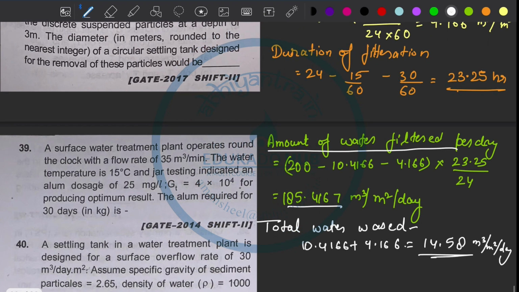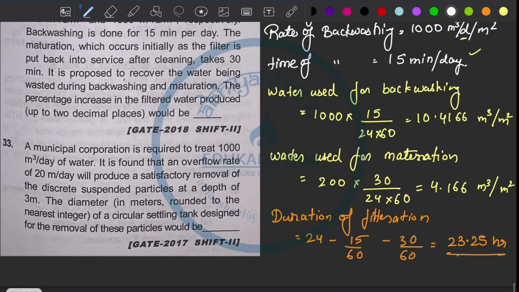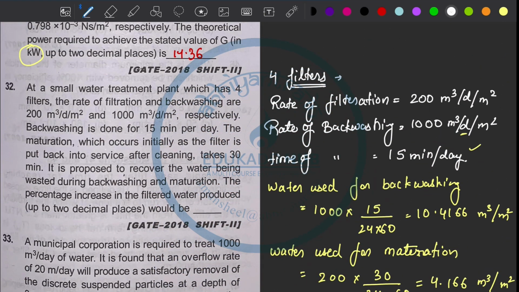If I want to know the percentage increase in filtered water, this is the wasted water, and if I save this water, so the percentage increase of filtration will become 14.58 divided by 185.416 into 100 comes out to be 7.865%. So the answer will be, to two decimal places, 7.87%.